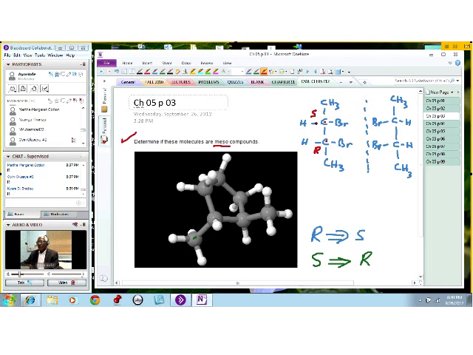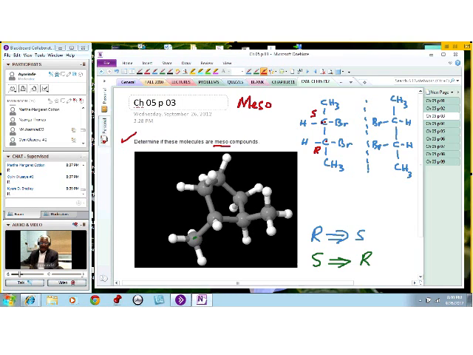Now, if the absolute configuration of each one of those chirality carbon is opposite, then that molecule is a meso molecule. Okay, keep that in mind. That is very important. In other words, if you determine the absolute configuration of the chirality carbon and they are opposite, in this case, one is R and the other is S, or vice versa, then you know that you have a meso molecule, provided that each chirality carbon is attached to the same groups or atom.